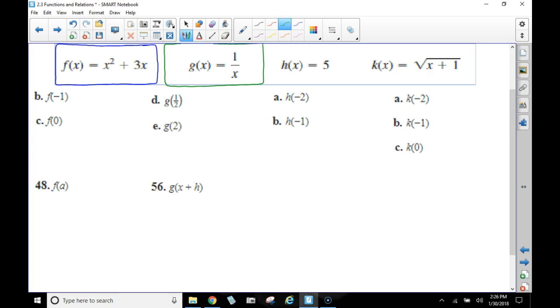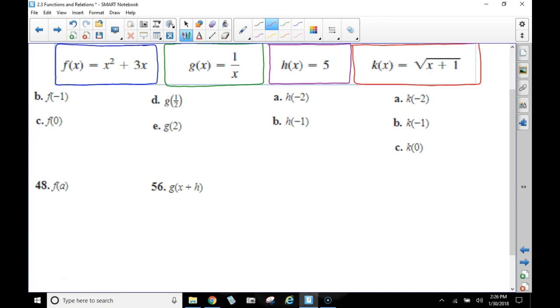G of x's rule says to take 1 over x, or find the reciprocal. H of x is equal to 5. That's the rule. And then k of x is equal to the square root of x plus 1.